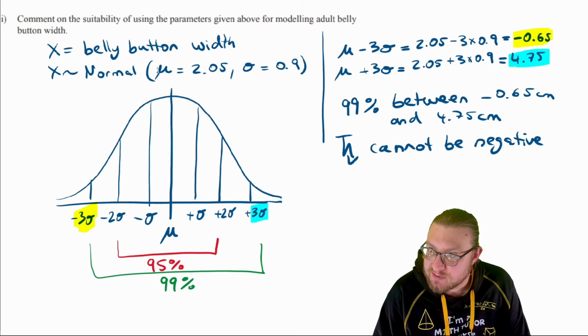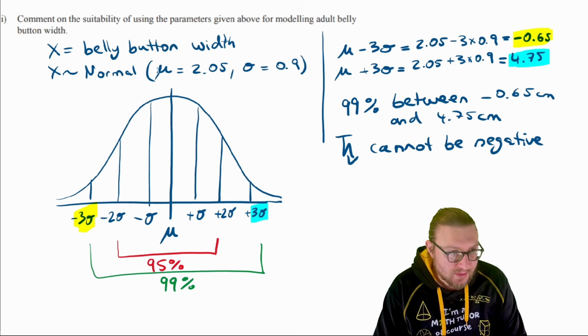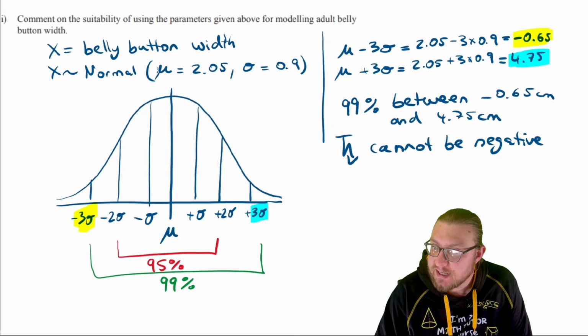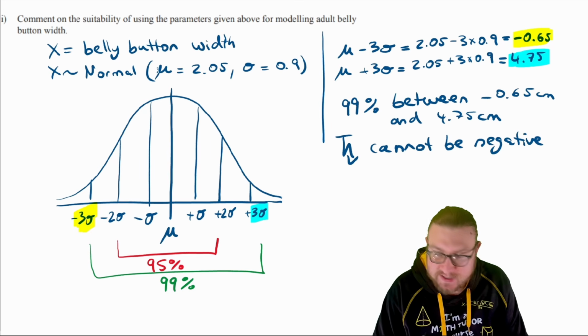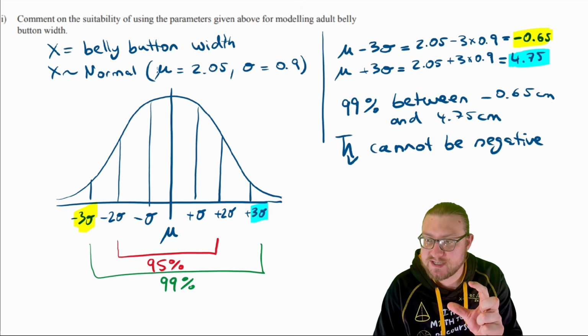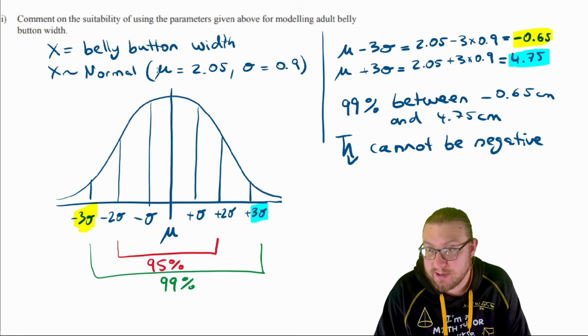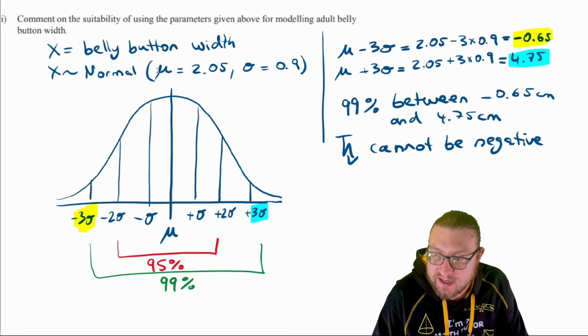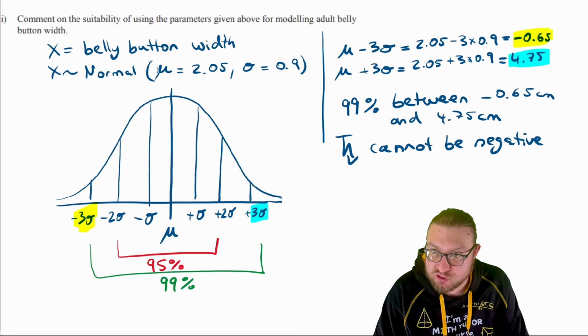However, this model says it's possible. That's one part. And also, you guys can comment on the extreme value. It said 4.75 centimeters. I mean, that is about this much, if I'm correct. I have never seen someone who's got a belly button that is that big. So according to this model, we should have that, but that's not actually true in reality.